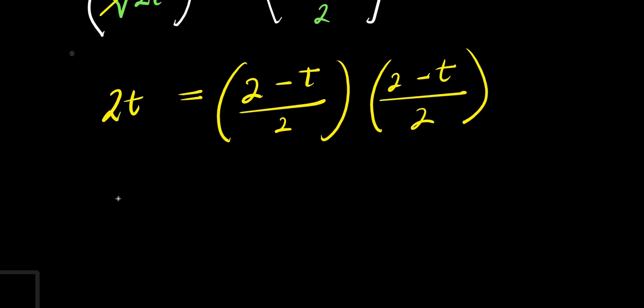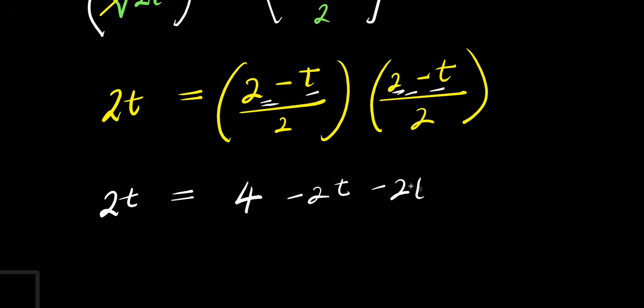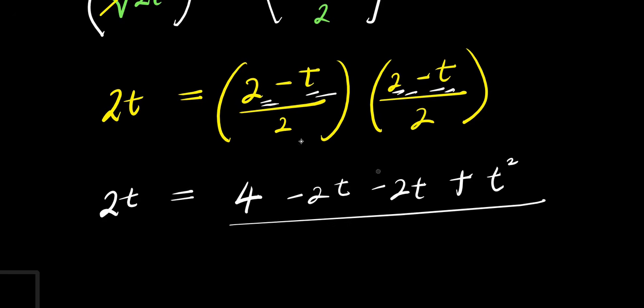So from here, I have 2t equals, let's expand this, 2 times 2, that is 4, 2 times minus t, minus 2t, minus t times 2, minus 2t, minus t times minus t, plus t power 2, divided by 2 times 2.